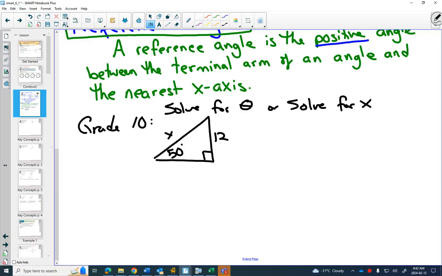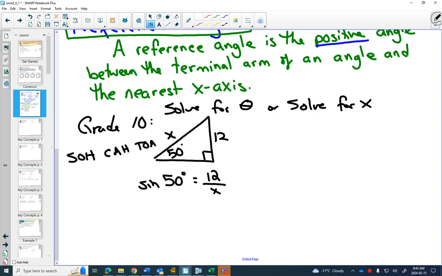Okay, do you guys remember sine, cos, and tan? And we would use this to help us remember. So which one should I use, sine, cos, or tan, if I was solving for x here? Sine, because I have the angle, I know the opposite, I want to find the hypotenuse, so I would set up my sine ratio. And sine of 50 degrees would equal the opposite over the hypotenuse.